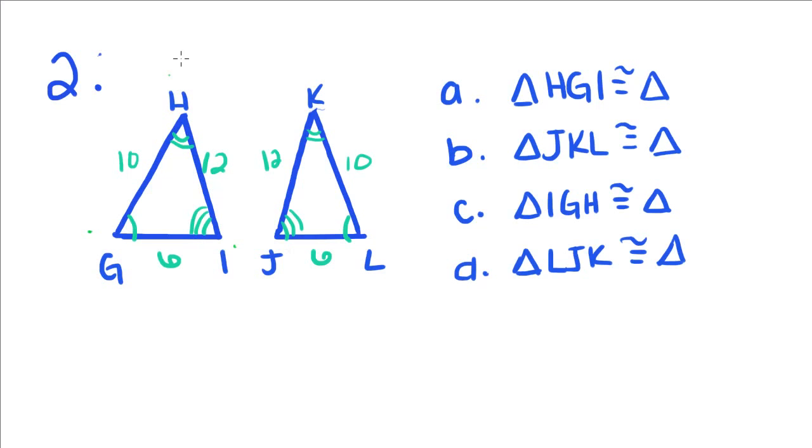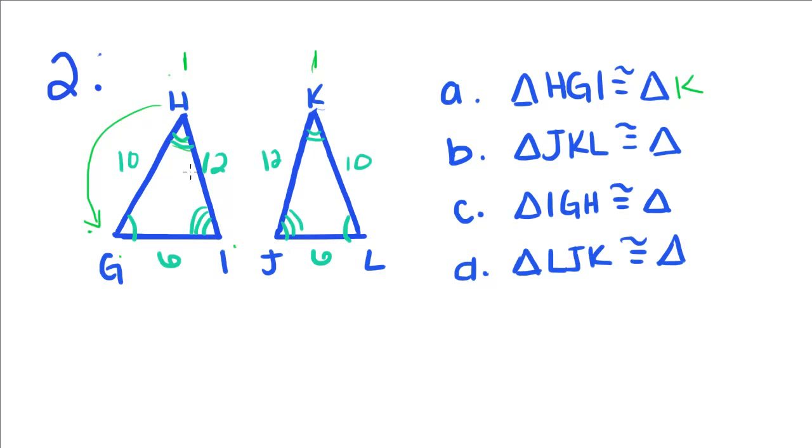So if I start with angle H, this is 2 marks. So I need to start with the angle that has 2 marks, which is right here, angle K. So we're going to start triangle K. And then I need to go in the same direction that I went last time. So I went H to G, H to G, which is this 10-inch side.